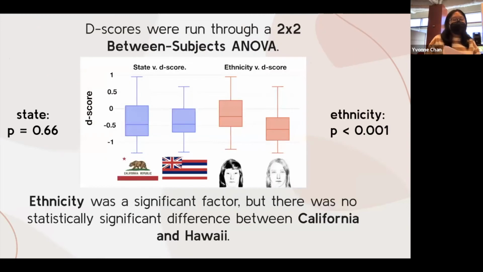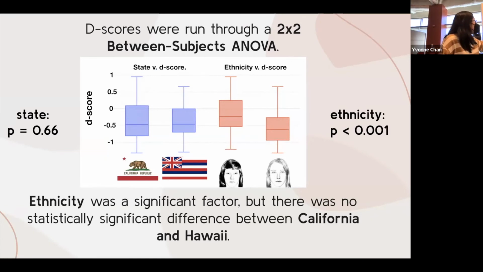We ran the data through a 2x2 between subjects ANOVA using SPSS, to look at how ethnicity and location interact with D-score. We discovered that there was no statistically significant difference between locations, so no statistically significant difference between California and Hawaii.